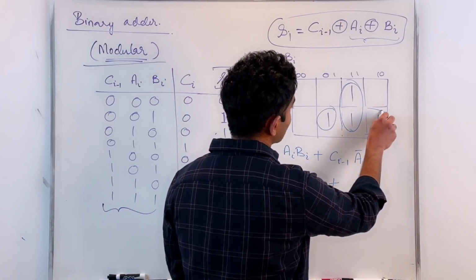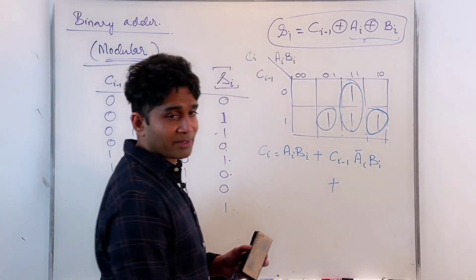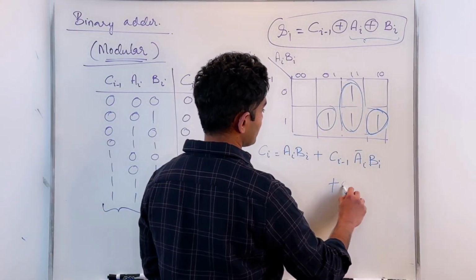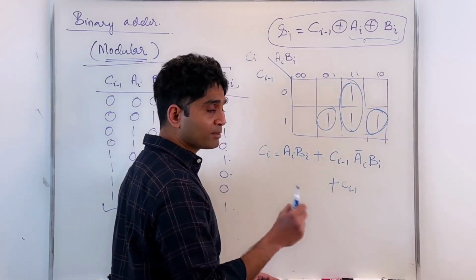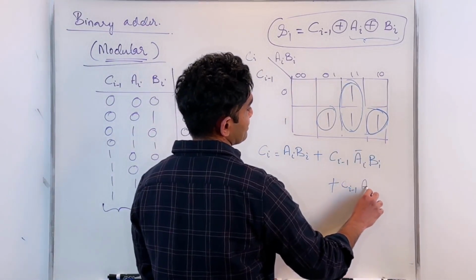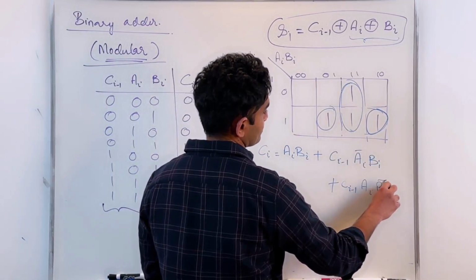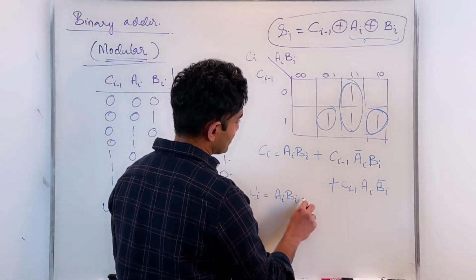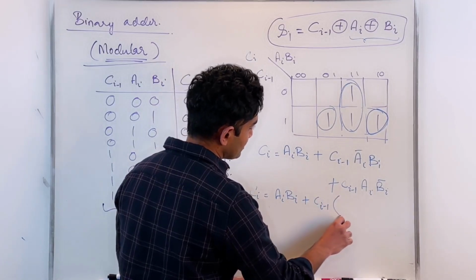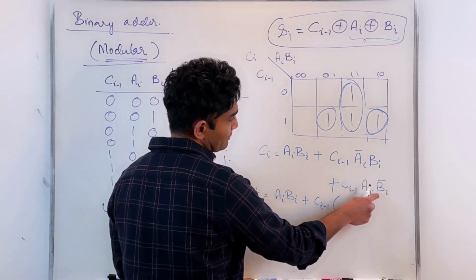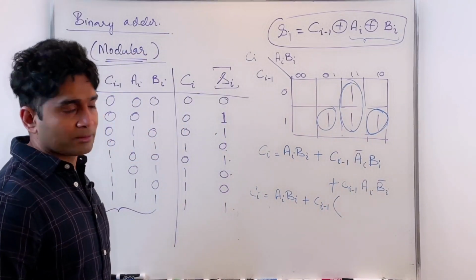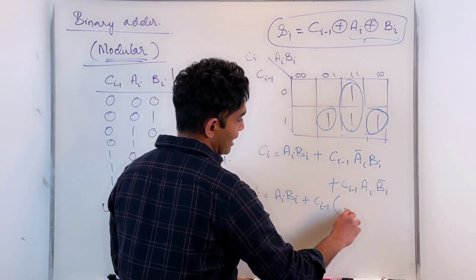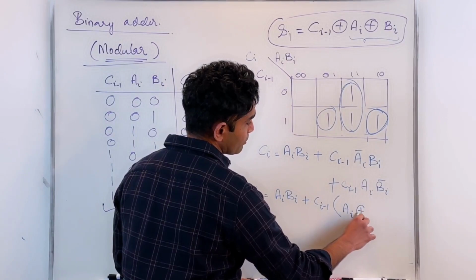As you can see, this is obviously not the best way to move forward with K-map. If I had a single function, I would definitely not be combining it in this way, as Ci minus 1, because that will not give me the most simplified function. I get Ai Bi prime, or my Ci will be written as Ai Bi, taking Ci minus 1 as a common factor. I have Ai prime Bi, Ai Bi prime. This is definitely not the prime implicant, but by combining this way, I can write this as Ai exclusive or Bi.